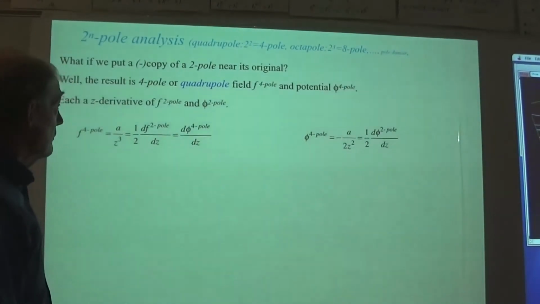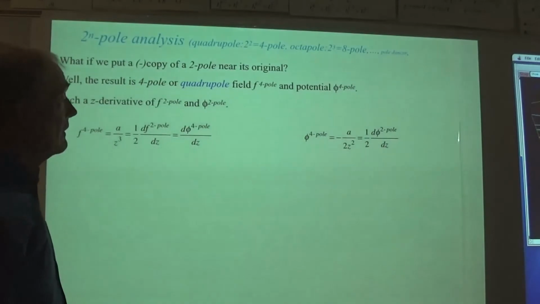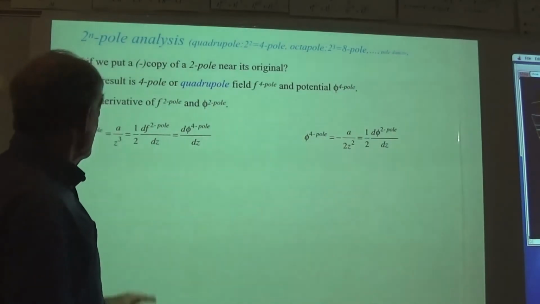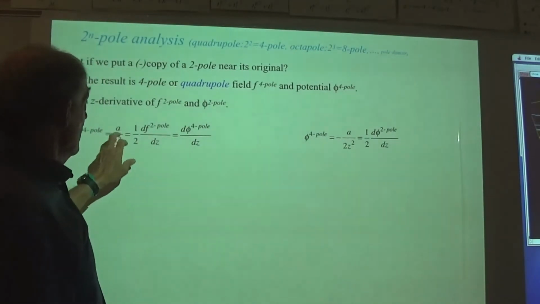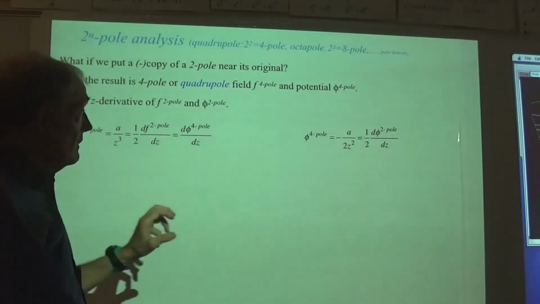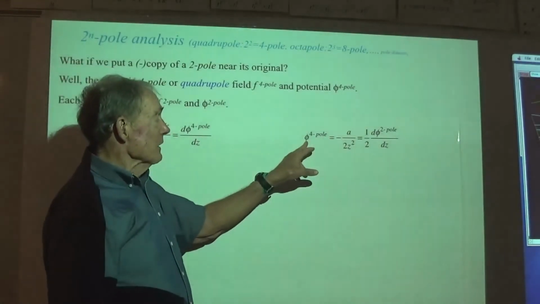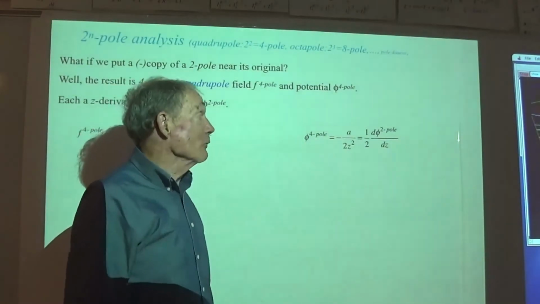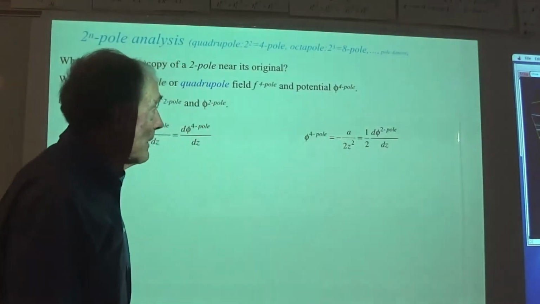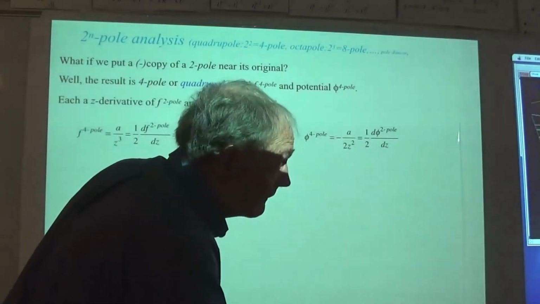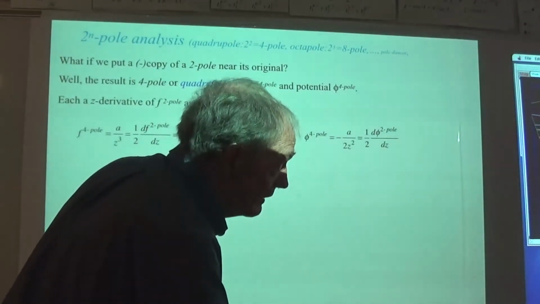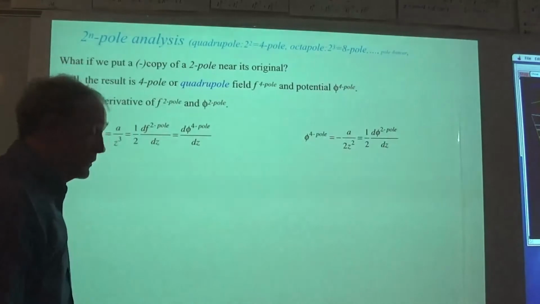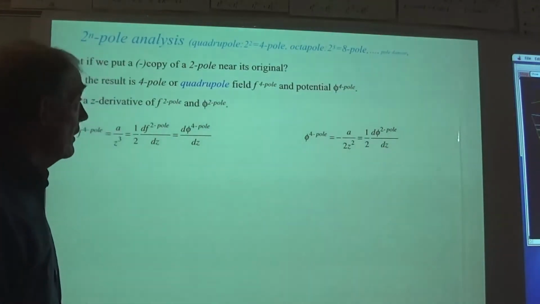That's all we have to do. And that's what you get. So that's the force field for the quadrupole. Integrate that and you get the potential for the quadrupole, which is an A over z squared. Okay. So this one really requires 3D to see pretty well. The circles get squashed.